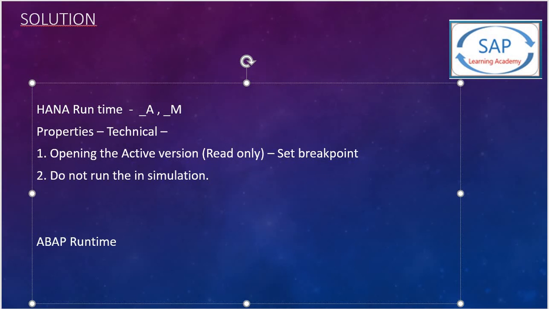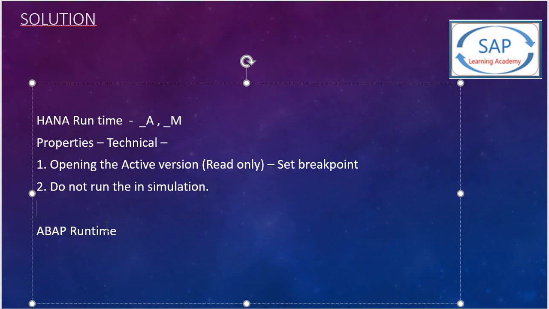So if you execute the DTP in execution mode, then it will execute the DTP and stop at the breakpoint, and at the end of your debug it will actually load the data. So at the end of your debugging, either you can delete the data or you can load the data. That's what SAP provides with the SAP HANA runtime.